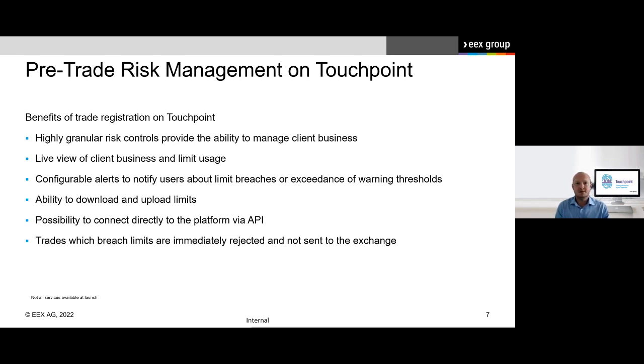Finally, and I think one of the really important details, and we did see it in the demo, is that because Touchpoint as a trade registration system sits upstream of the exchange, any trade that breaches a limit is immediately rejected at that stage. It does not get sent to the exchange and then sit in some kind of pending status for you to sort out. It's immediately rejected.